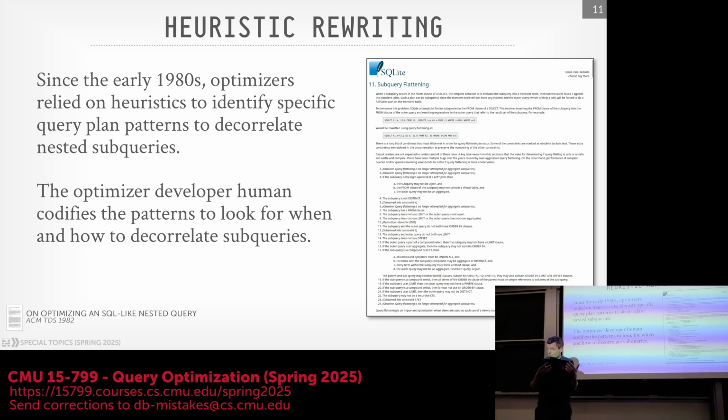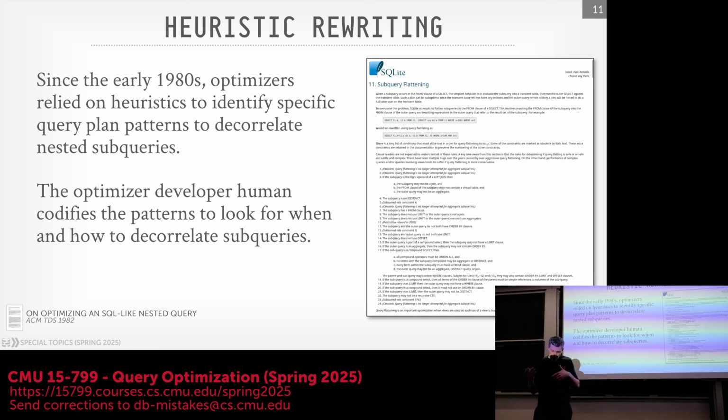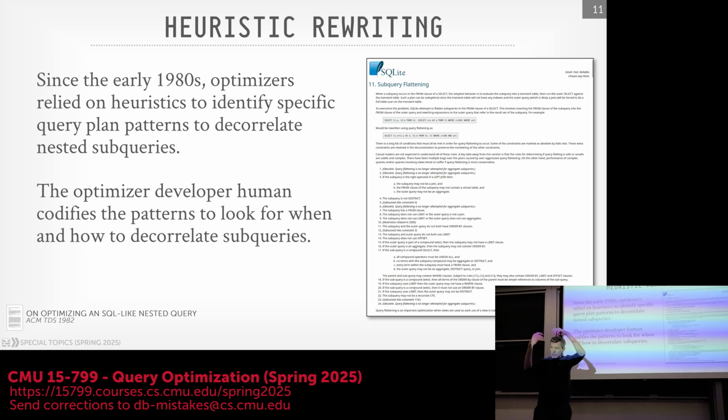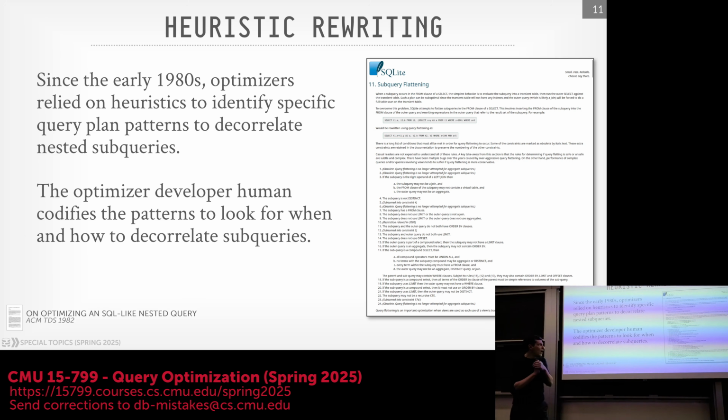It's basically like the transformation rules we saw in the top-down stuff, or those rewrite rules we saw in Starburst earlier in the semester, where you're trying to identify patterns: I have an operator that is calling this operator, it's of this type and it's doing this thing with this kind of data. If I see that pattern, then I know it's safe for me to rewrite things.